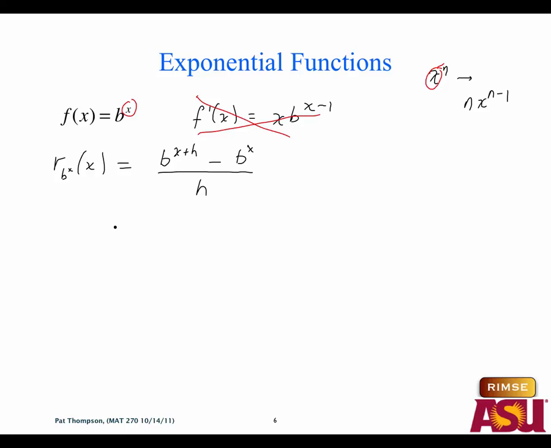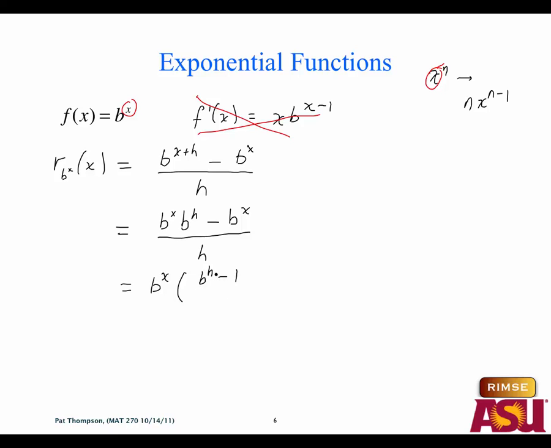Okay, what can we do with that? So what's b to the x plus h? B to the x times b to the h. And then we notice we can factor out b to the x. And we're left with b to the h minus 1.